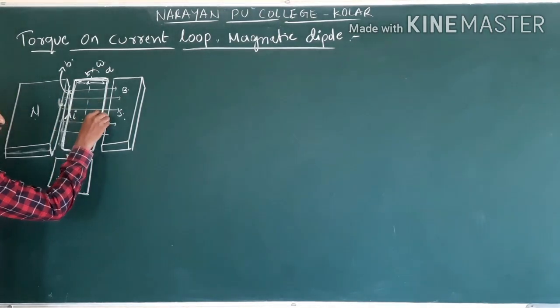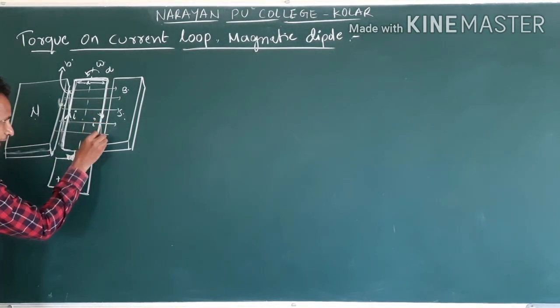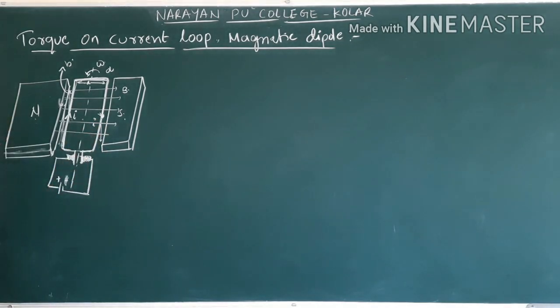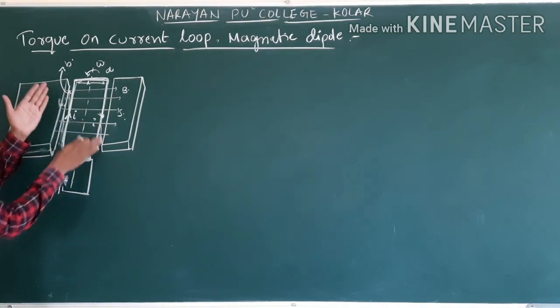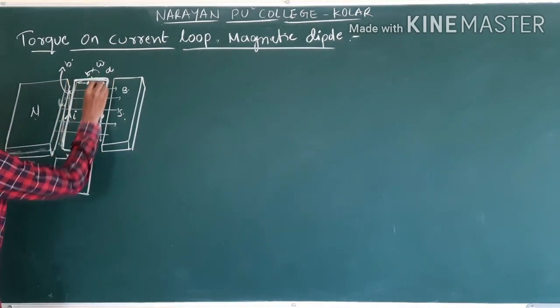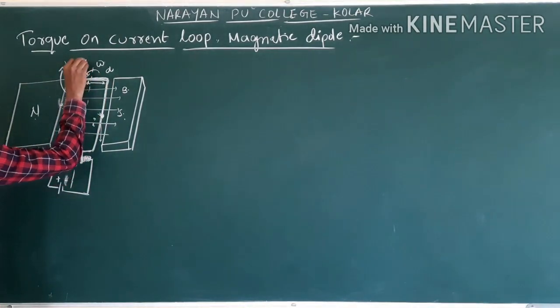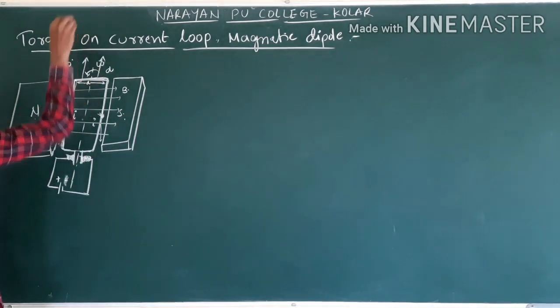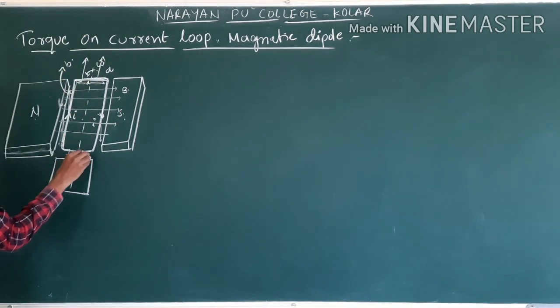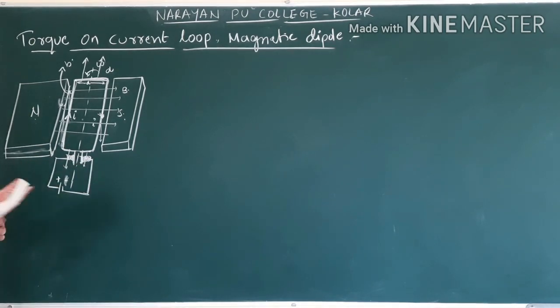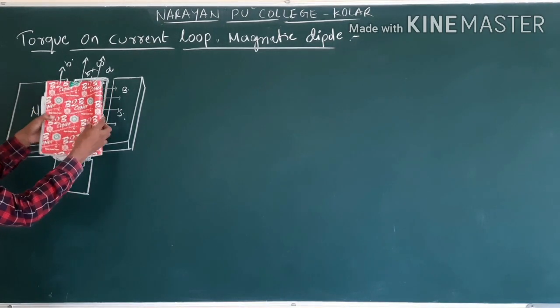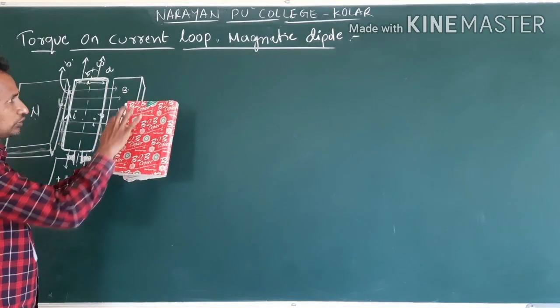This is coming down, and the field acts in this direction. On this conductor the force will act upwards, and on this one downwards. Let us take this as a loop.